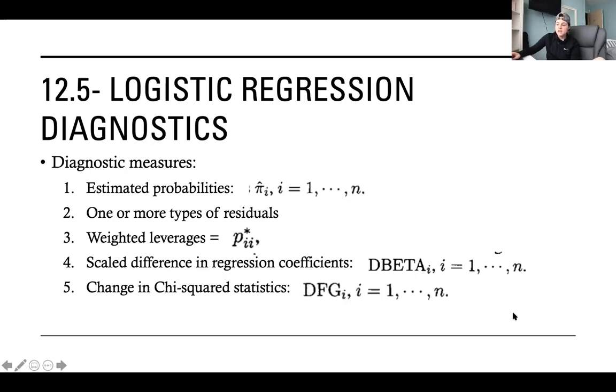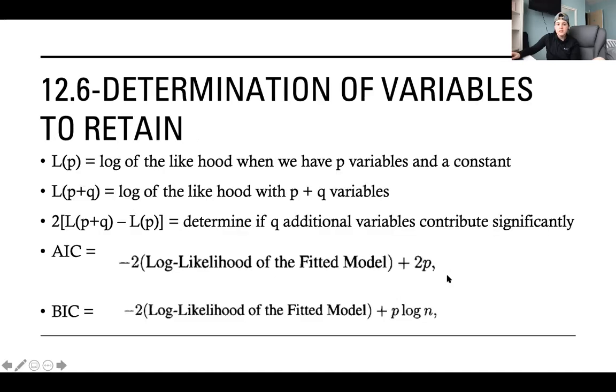And finally, the last diagnostic measure is the change in the chi-squared statistic. This is denoted by dg sub i, again going from 1 to n. And again, this is the change in the chi-squared statistic g when the ith observation is deleted.